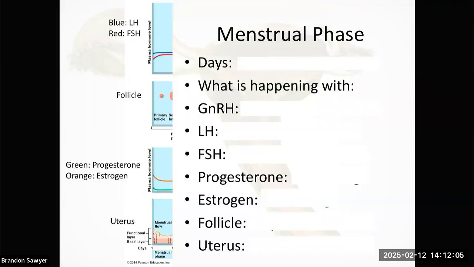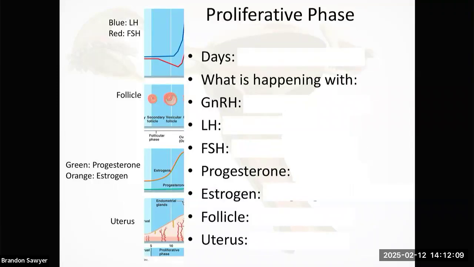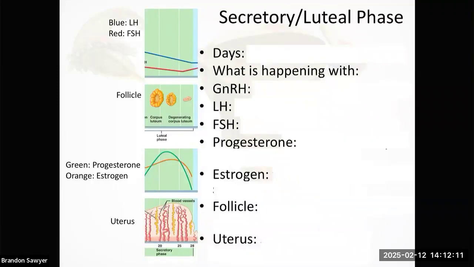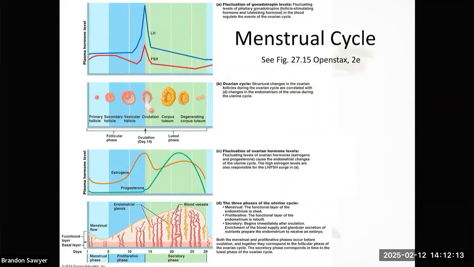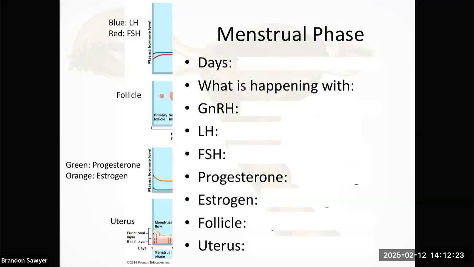And then what's the follicle doing? What's the uterus doing? Okay, so 4 slides, just recapping what we just talked about. You can go to the 5th slide here, which has all that graph put together into one picture, if you want to use that for your reference. Okay, go ahead. Take some time, work with your team on this. The menstrual cycle is complicated, but it's kind of fun too.